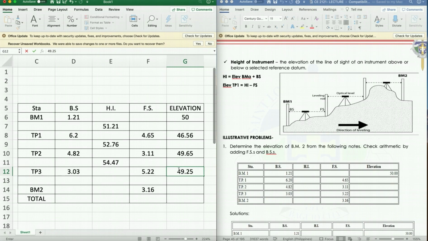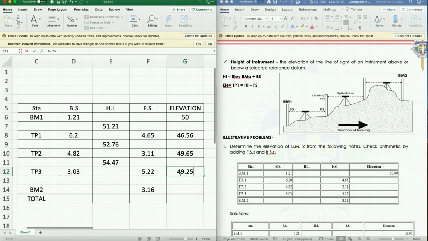Here we only have 2 turning points, and this one is 3. So that is the procedure.